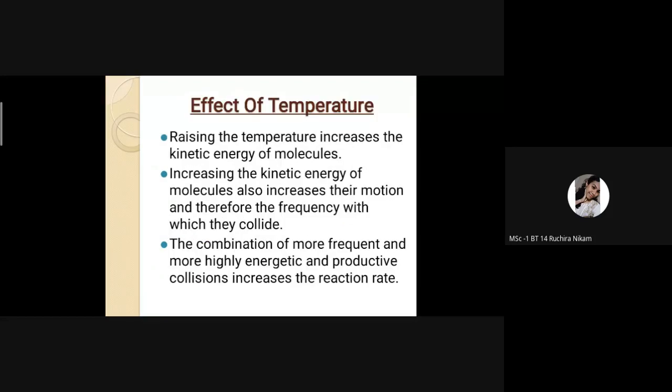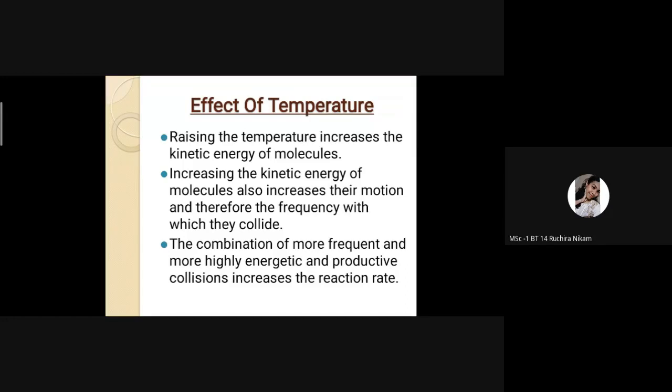The next factor will be the temperature. When the temperature is increased, the kinetic energy of molecules is also increased. This causes highly energetic collisions of molecules, and thus the rate of reaction increases. At lower temperature, the activity of enzyme is also low.